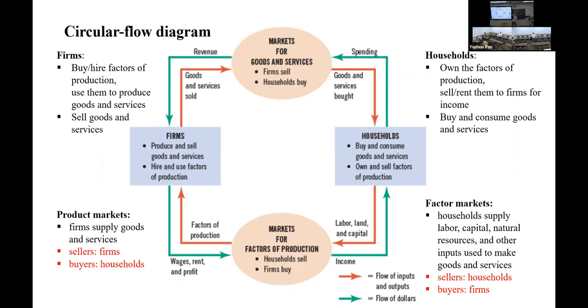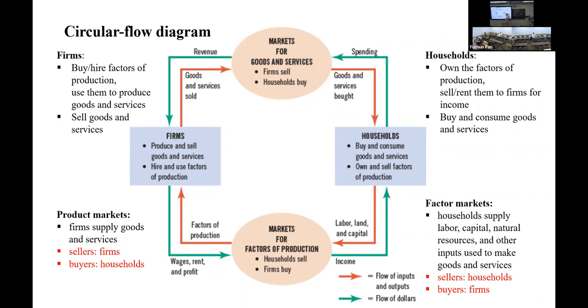Capital usually includes computers, machines, and buildings. All these factors come from the household. Households own the factors of production, and they sell or rent them to firms for income.